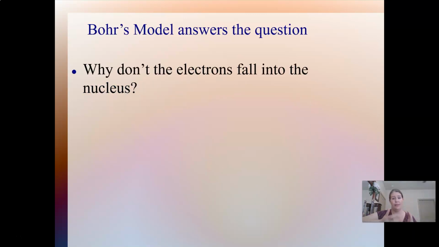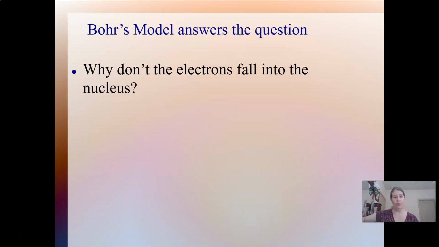Bohr is investigating and trying to understand a very important question. In the Rutherford model of the atom, you have a positively charged nucleus with electrons spinning around the nucleus. But according to classical physics, this atom is unstable. Accelerating charged particles should consistently lose energy and the atom should collapse. So Bohr is trying to answer the question, why not?